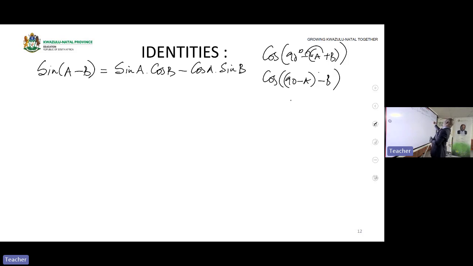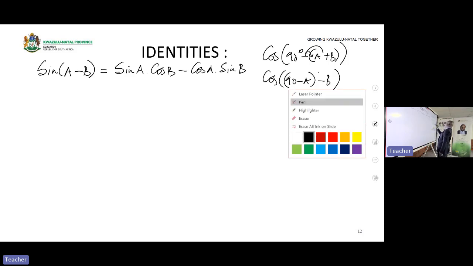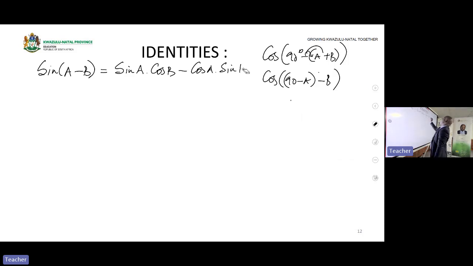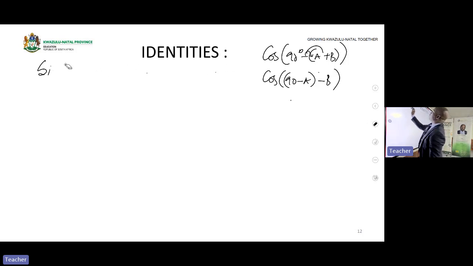Let me quickly show it, because sometimes they do ask it in our examination and we have to know. I'm going to be quick on this so that we all understand where these compound angles come from. It is very important since they are examinable. So this one will be what?